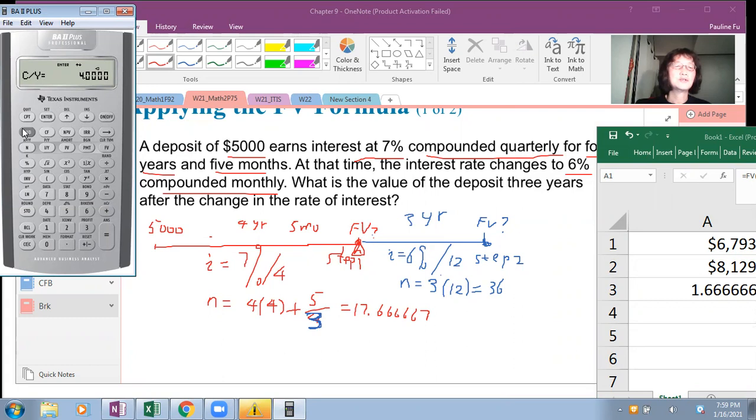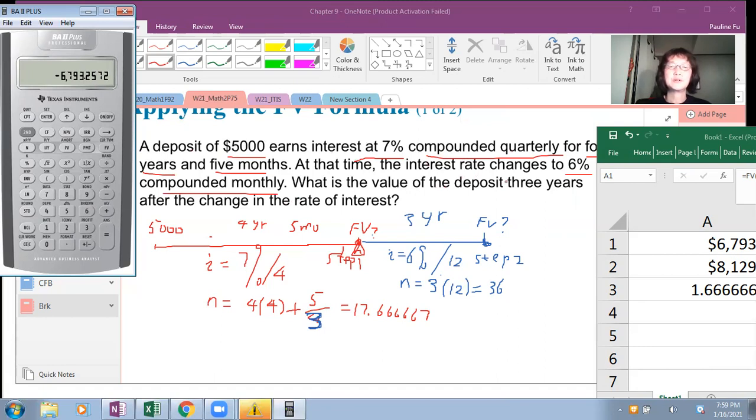Down arrow, okay, C/Y is 4, second quit, 5,000, that is the present value, 7 is I/Y, 17.66667, that is the term N, 0 is PMT, compute FV. Okay, so it is this number, 6,793. Now store this number in memory 1 here and do step 2.